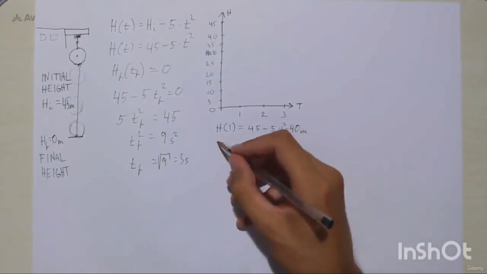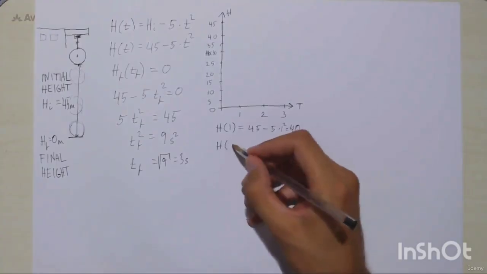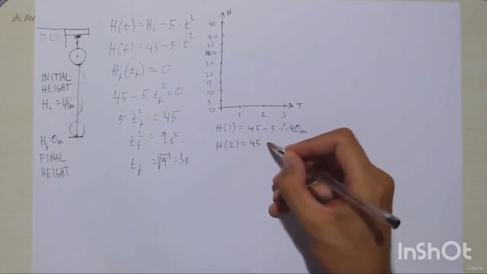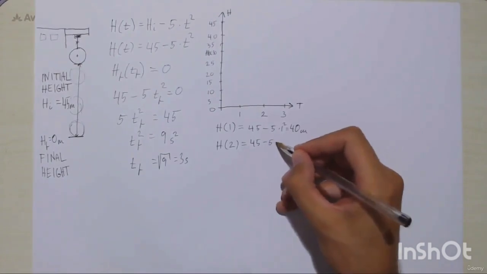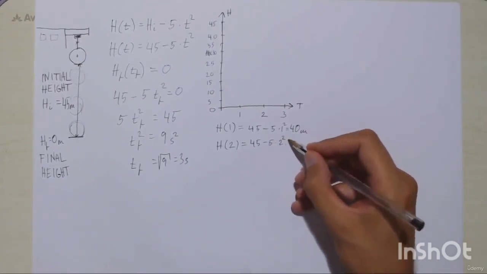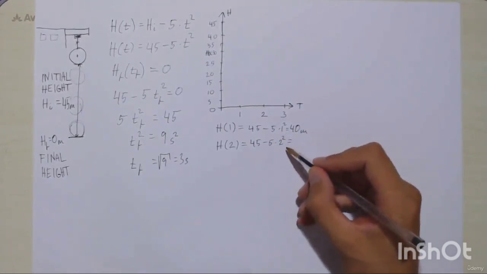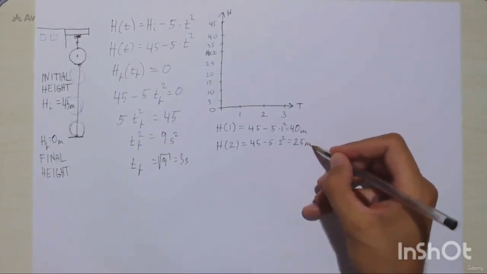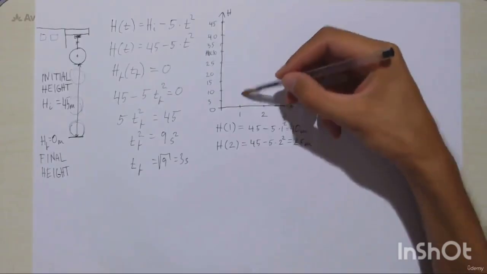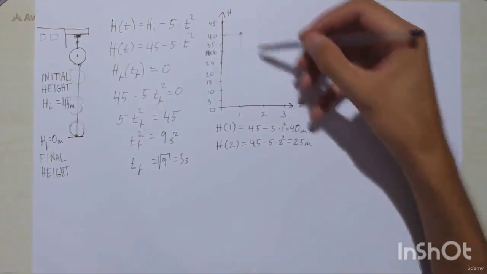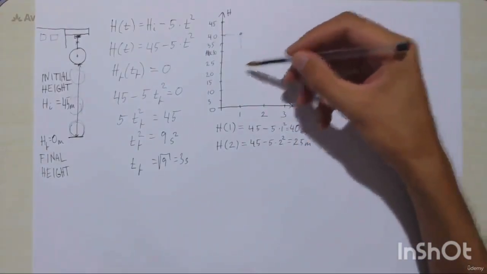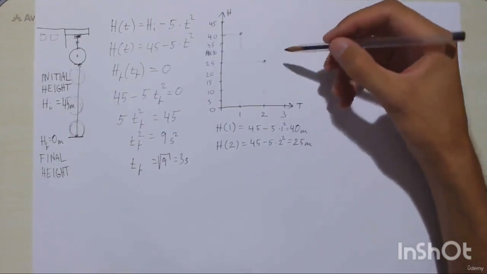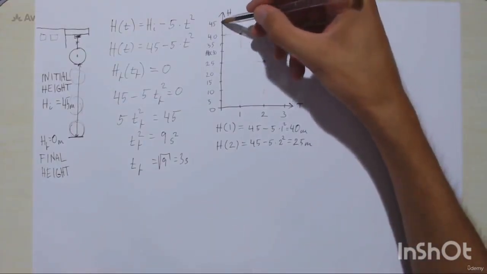And then the altitude at time equals 2 seconds would be 45 minus 5 times 2 squared, which is 45 minus 20, 25 meters. Okay, let's graph it. At time equals 1, we would have 40, and at time equals 2, we would have 25. And now we can graph it like this.